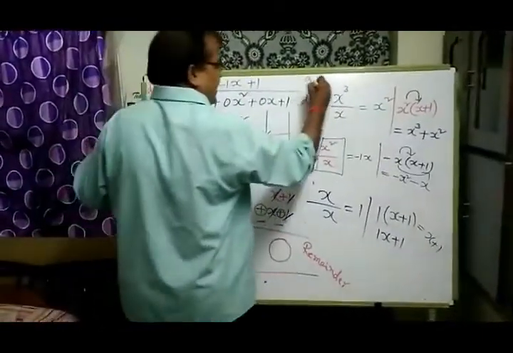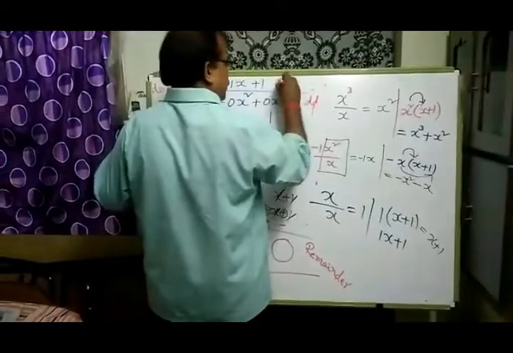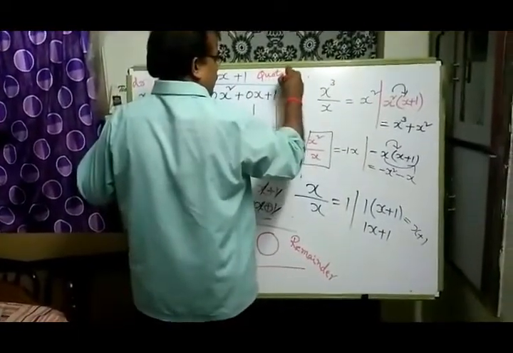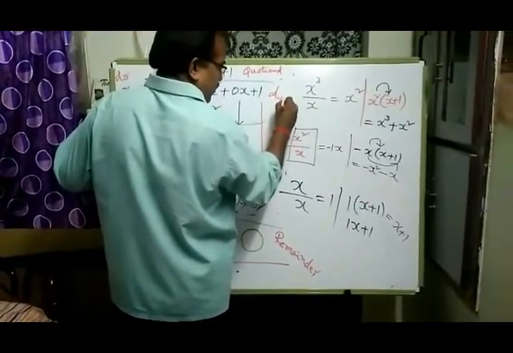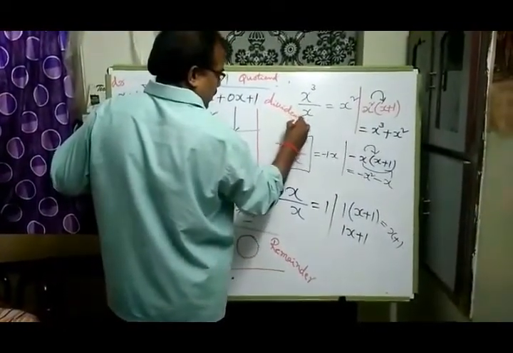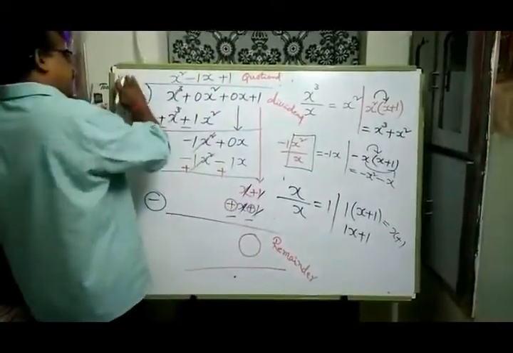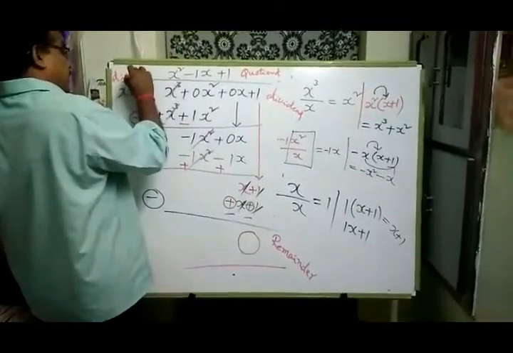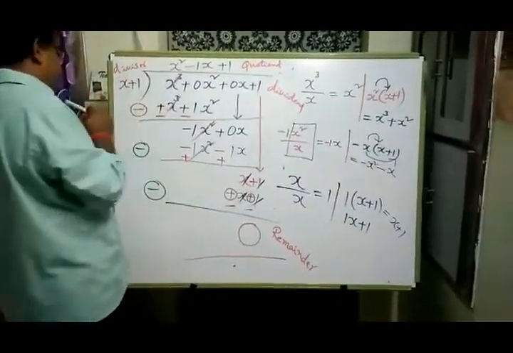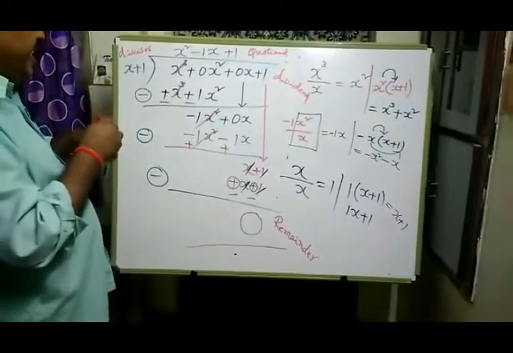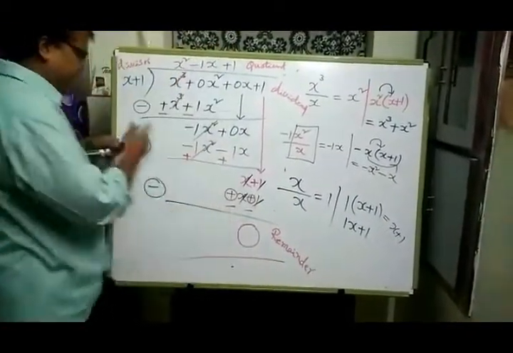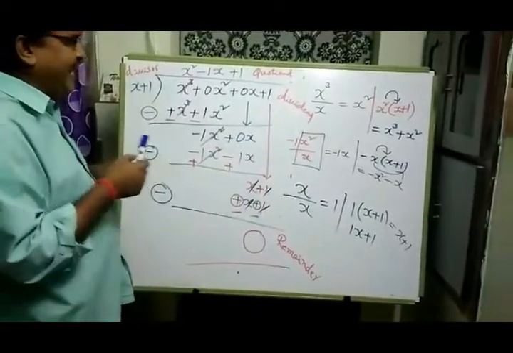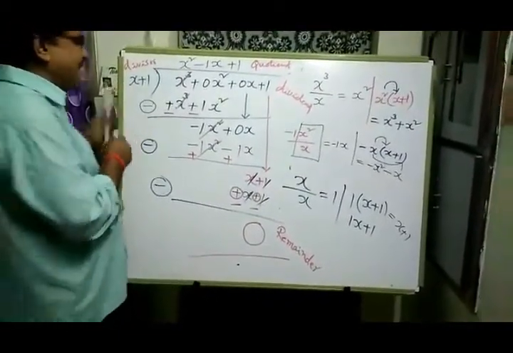This is the remainder. This is the quotient. This is the dividend. This is the divisor. This terminology is very important: dividend, divisor, quotient, remainder. If it is a polynomial, we can give some names for this.